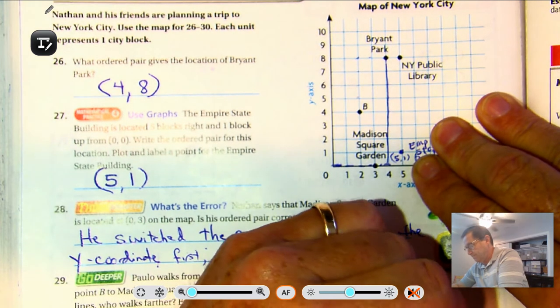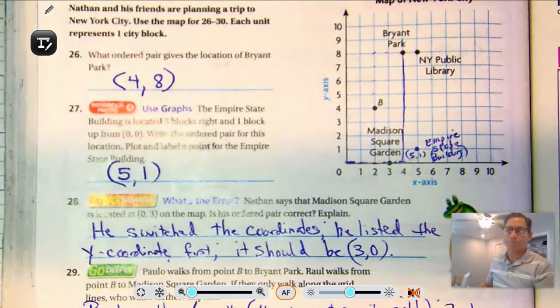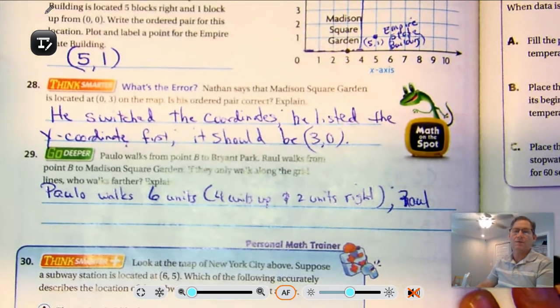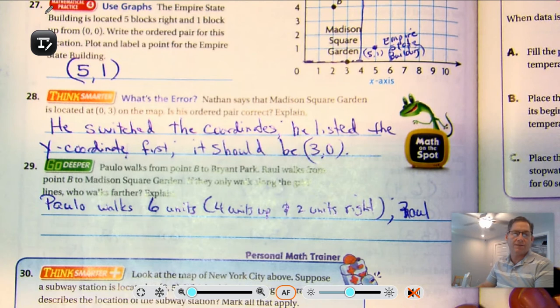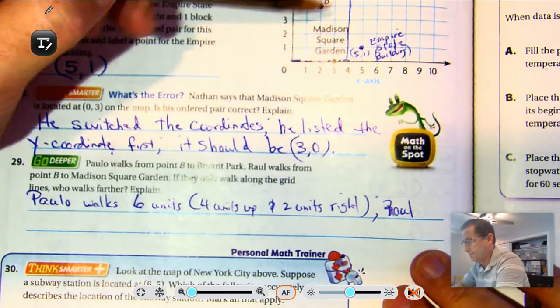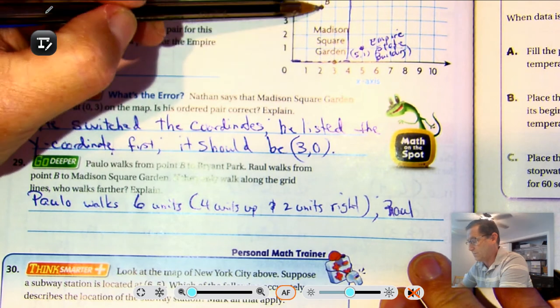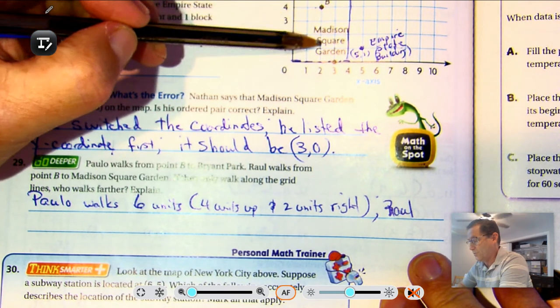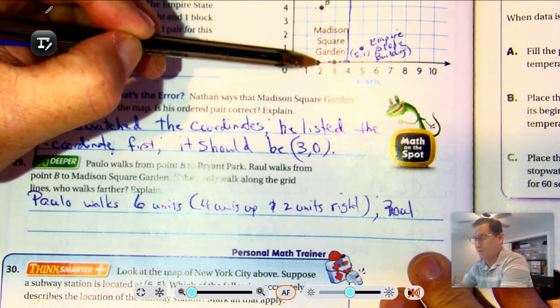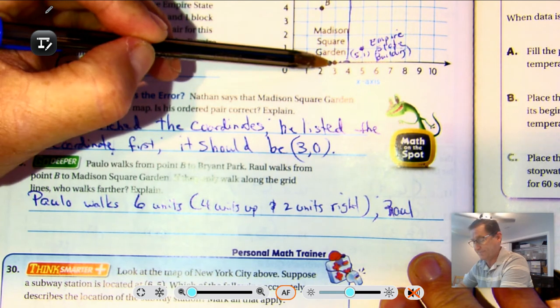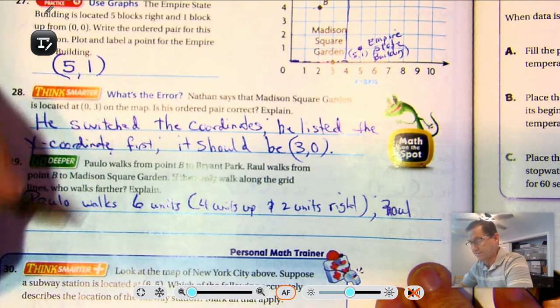Raul walked from point B to Madison Square Garden. So start at point B and walk down. So 1, 2, 3, 4 units down, 1 unit right. So that's a distance of 5.